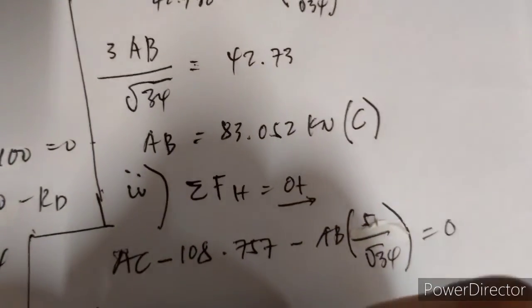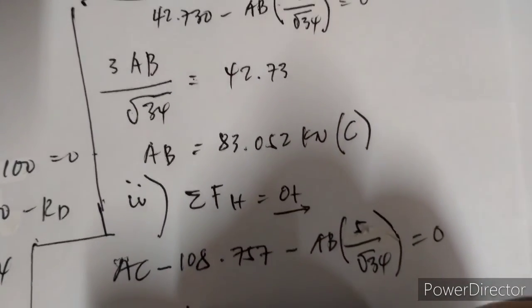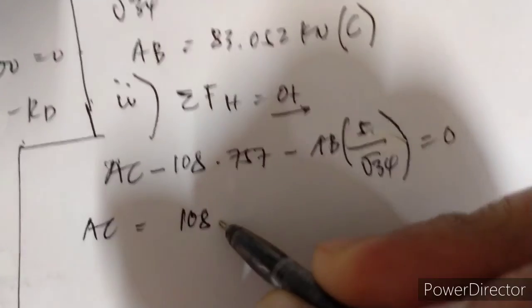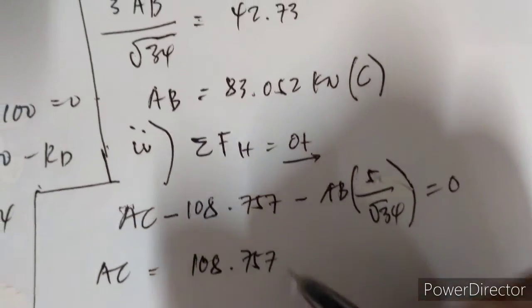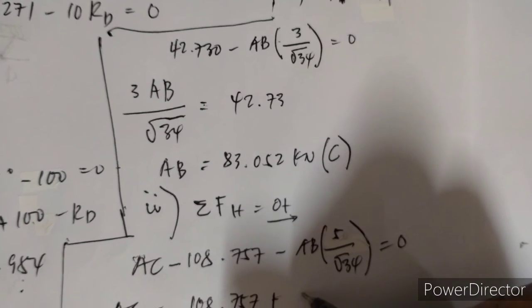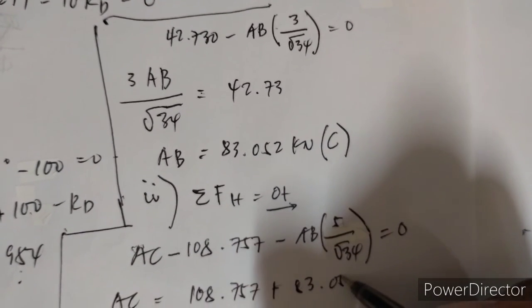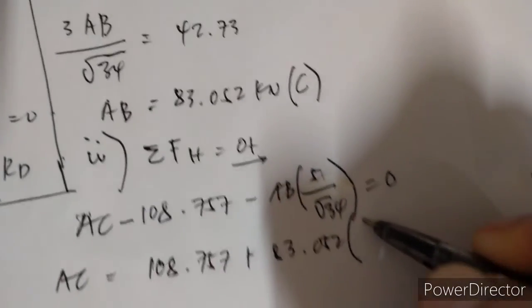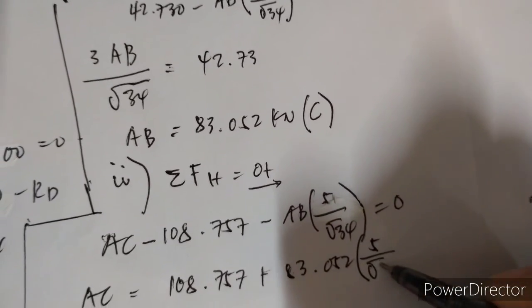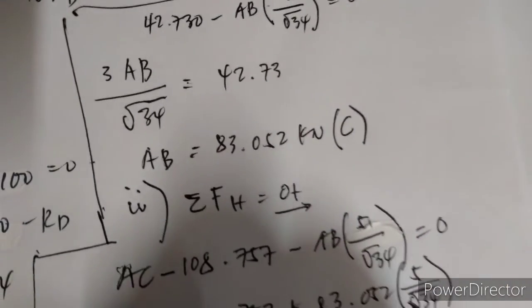So AC now will be equal to 108.757 plus 83.052 times 5 over square root of 34.